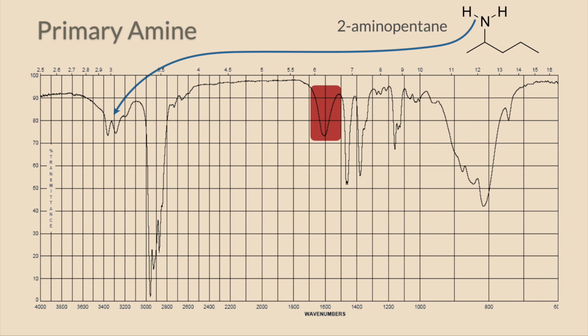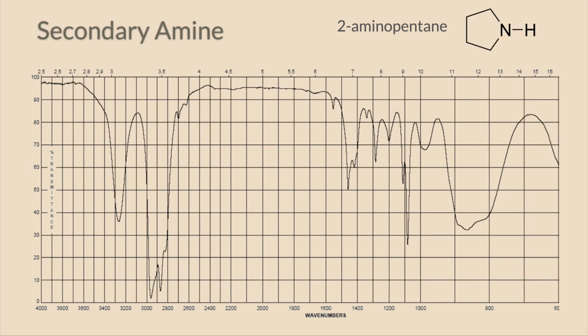If we look at the difference between a primary amine and, say, a secondary amine, in a secondary amine the main difference is this band here, where instead of a doublet, now we have a singlet, and also from a weak band, now it is a medium band. This particular region is between 3200 to 3500 wave number, where we have a sharp peak.